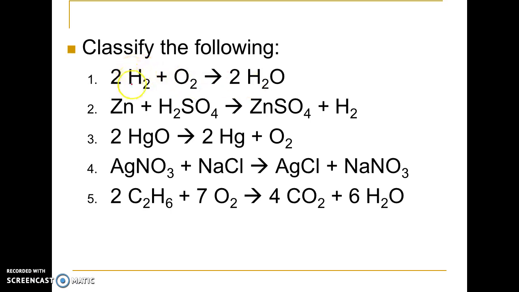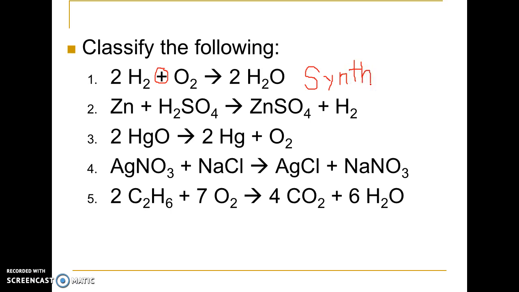On my reactant side, I have 2 reactants. I know I have 2 reactants because of this plus sign. And on my product side, I have 1 product. Well, there is only one type of chemical reaction that has 2 reactants and 1 product, and that would be synthesis, where we are creating 1 product.